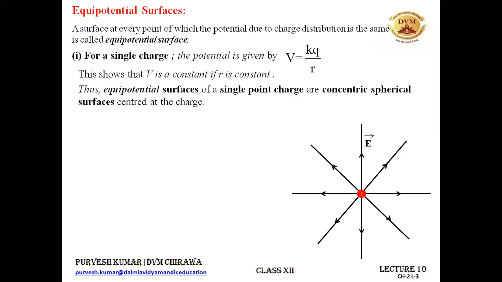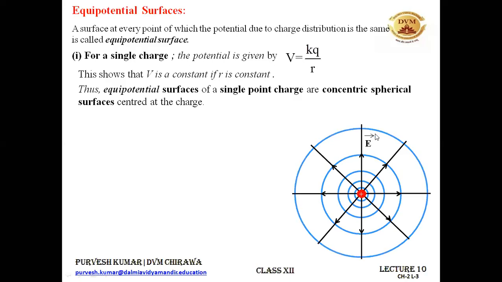So if I join all the points which are at a distance R from this positive point charge, I'll be getting a sphere like this. You can see, this is the case for a point charge. When you join all the points which are at a given distance from the point charge, you will get a sphere.